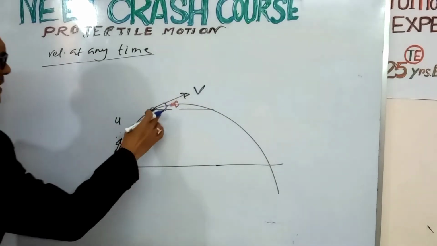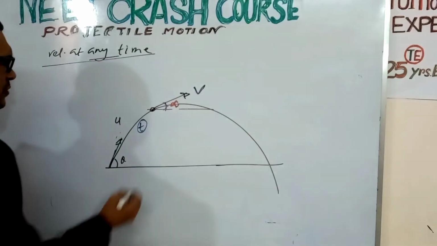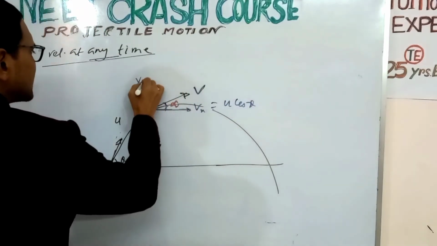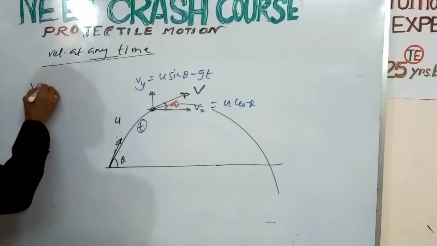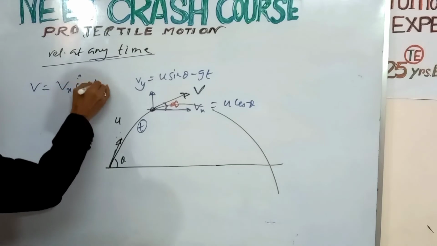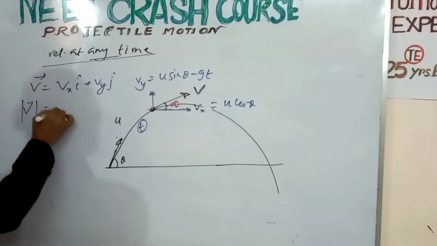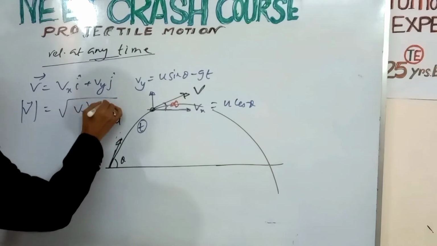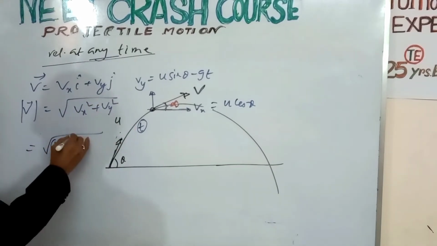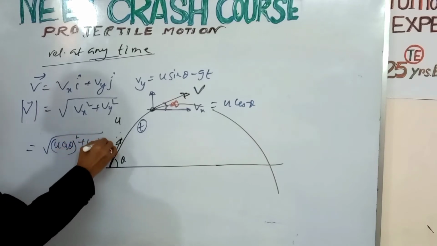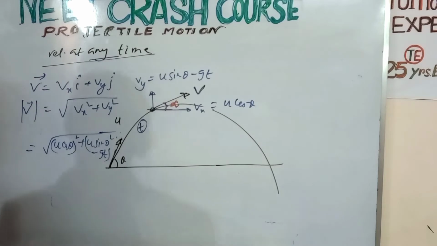So first we find the velocity at any time t. Now vx equal to u cos theta and vy equal to u sin theta minus gt. So velocity at any time v equal to vx i plus vy j, and the magnitude of v equal to root over vx square plus vy square, which is equal to root over u cos theta whole square plus u sin theta minus gt whole square. So this is the velocity at any time.